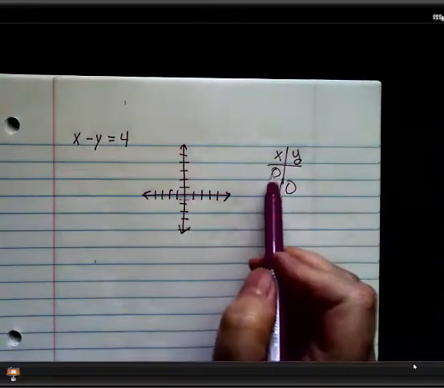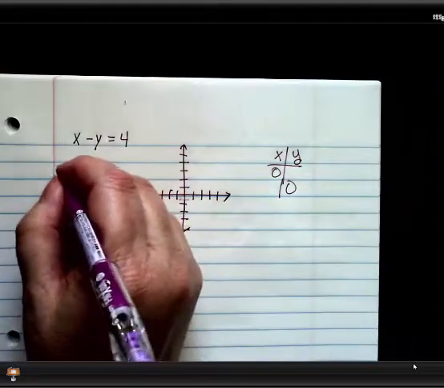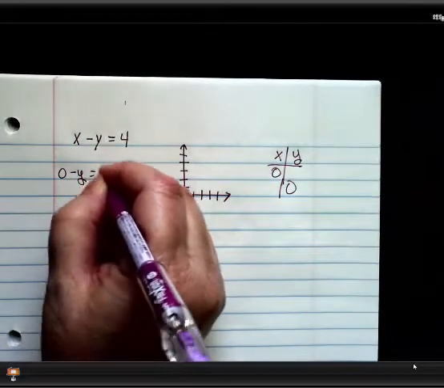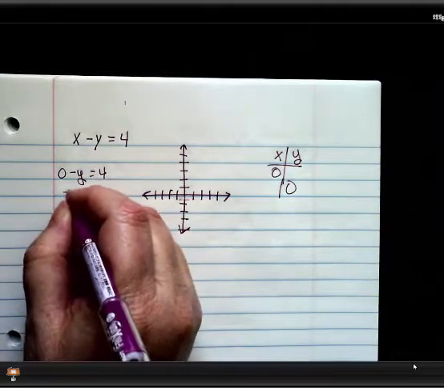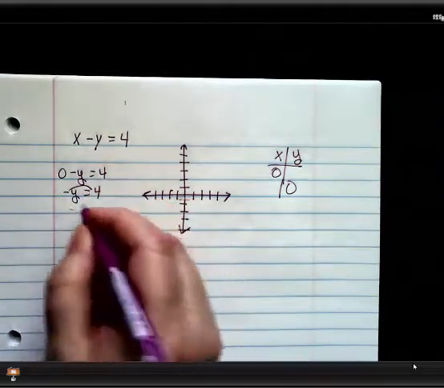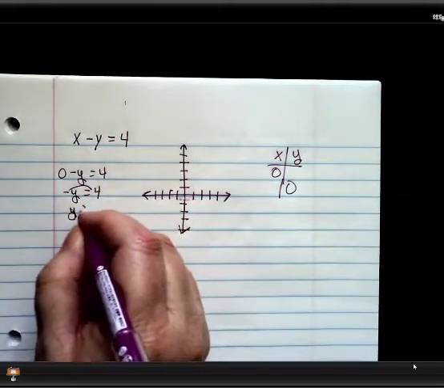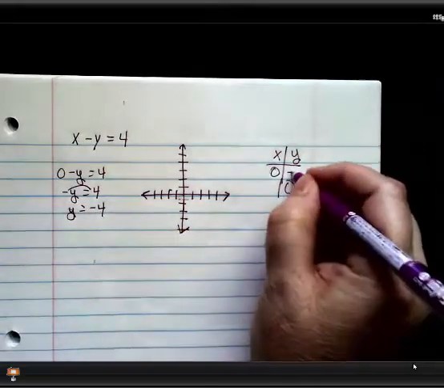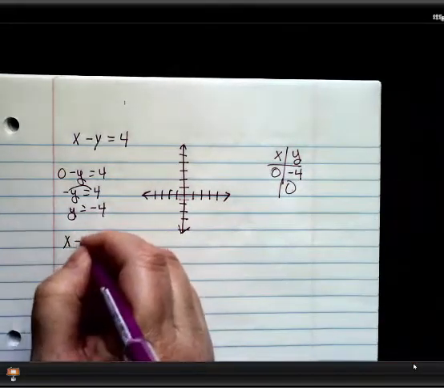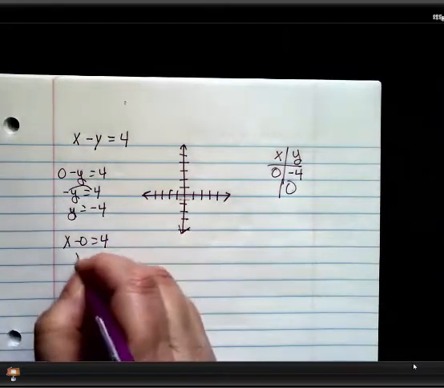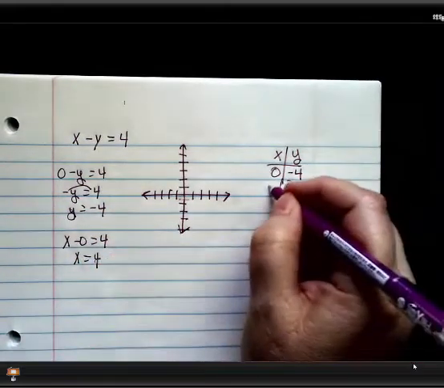I'm going to make x 0. 0 minus y equals 4. Negative y equals 4. And divide by negative 1, or just move the negative over. Y equals negative 4. Now I'm going to make y 0, which gives me x minus 0 equals 4, x equals 4.